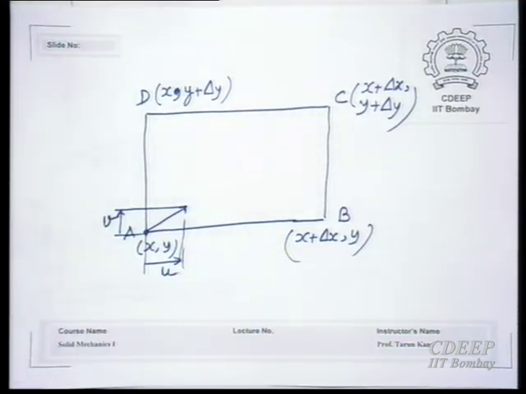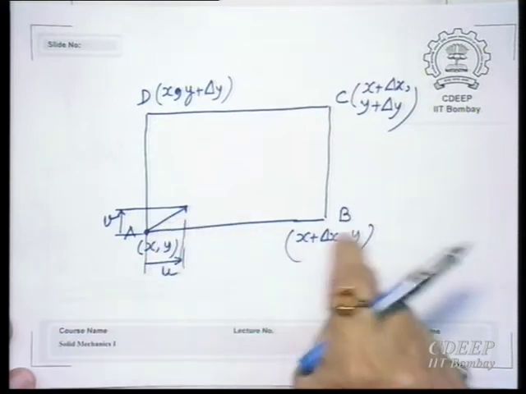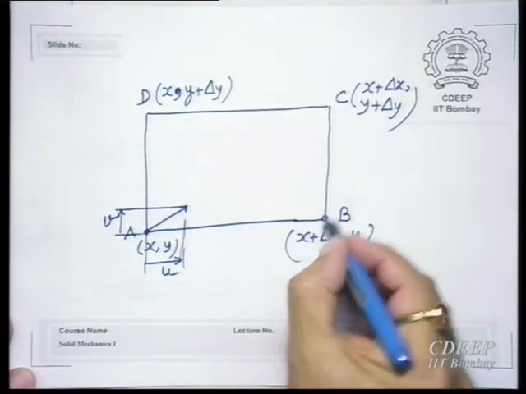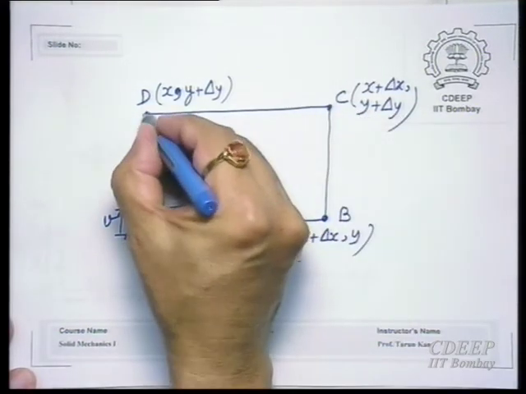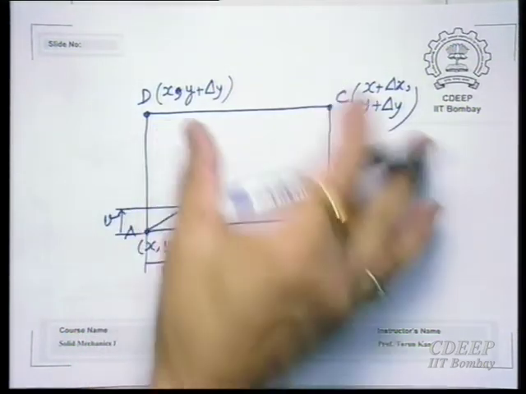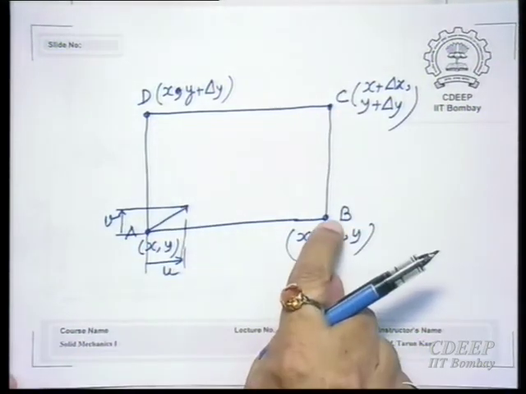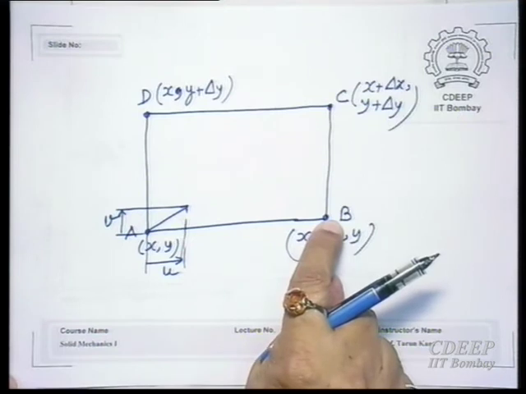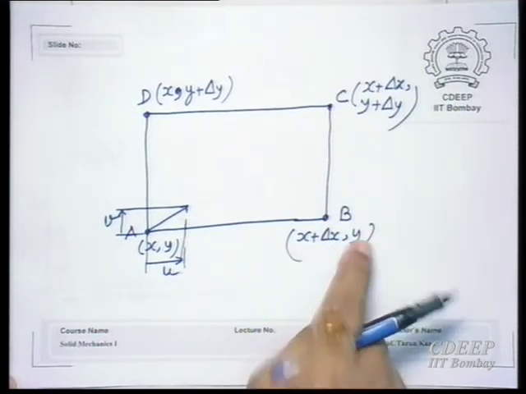A undergoes a displacement that is u and v, then what is happening to the remaining 3 points? Please write down the displacements of all the other 3 points by taking these coordinates. That means the coordinates will change. How do these coordinates change, and what will be the new coordinates of these points?